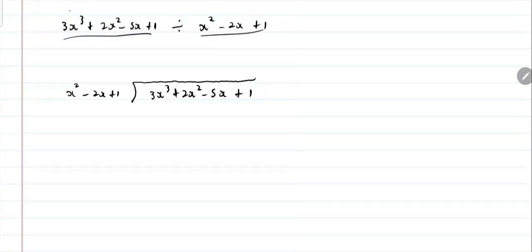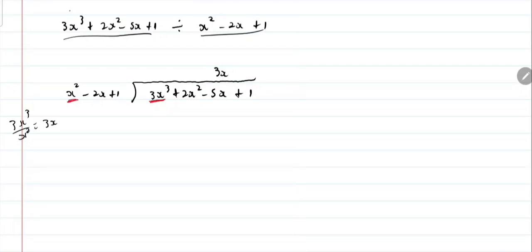The first thing I do, divide, right? 3x cubed divided by x squared is going to give me 3x, right? And where do I put the 3x? Over the minus 5x, right? Now what do I do next?